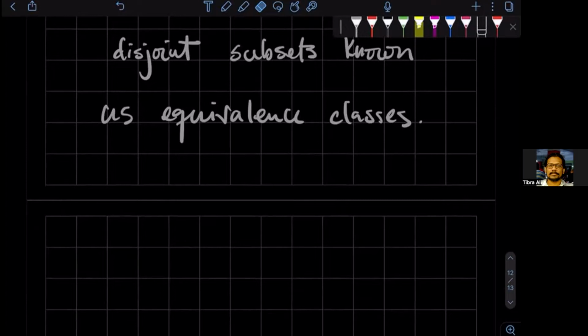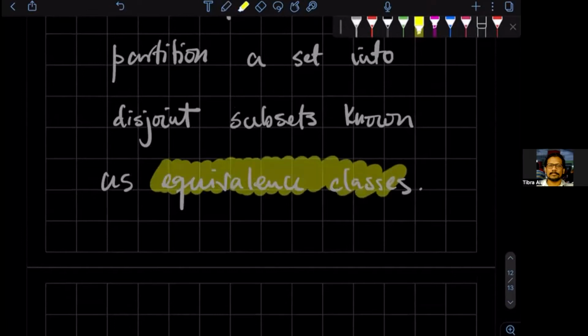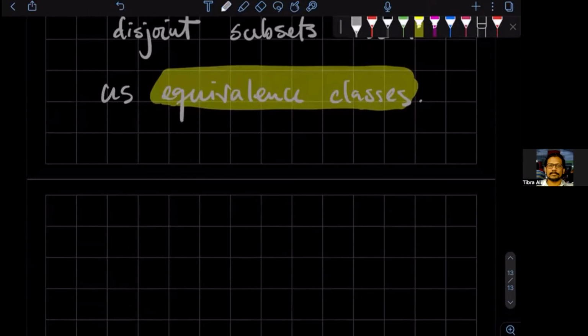Doing nothing around the x-axis and doing nothing around the y-axis are essentially the same operation. So these disjoint subsets are known as equivalence classes. I've sneaked a definition into the comment. The equivalence classes under a conjugate relationship are called conjugacy classes.